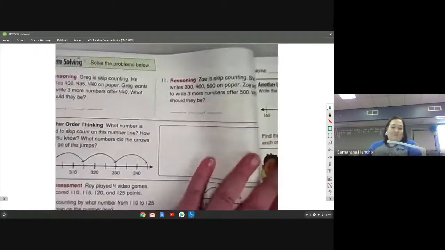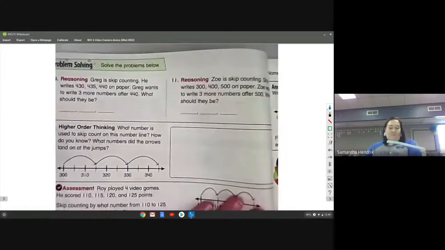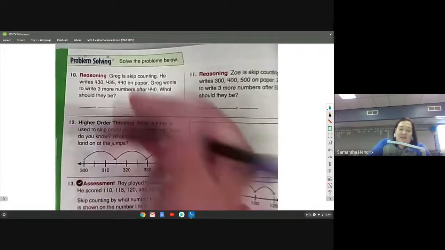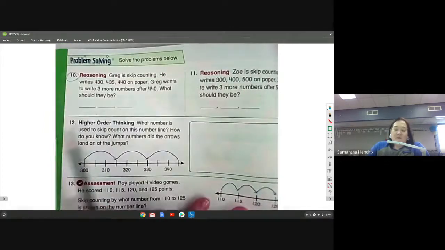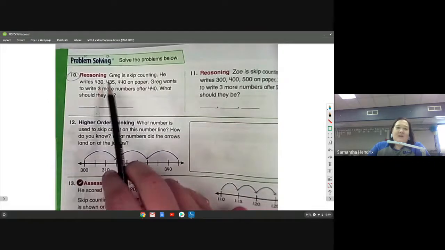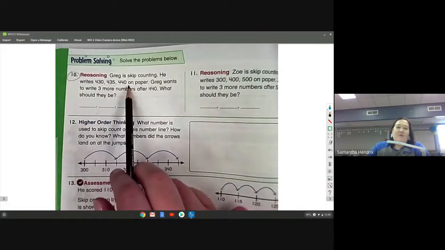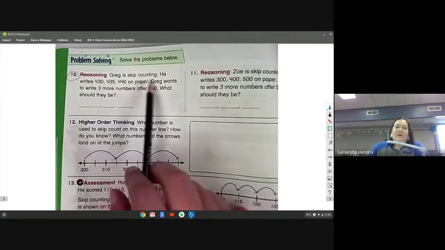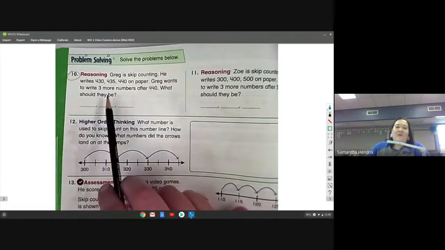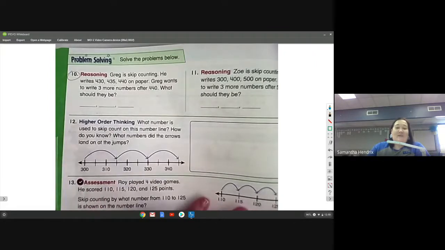Look at the back. Let's look at number 10 together. Greg is skip counting. He writes 430, 435, 440 on paper. Greg wants to write 3 more numbers after 440. What should they be? So he's counting by fives.